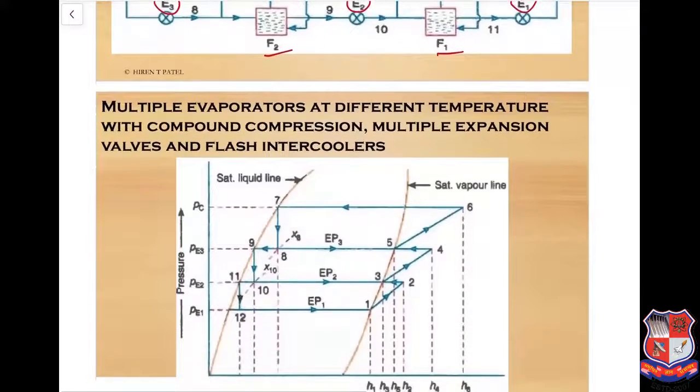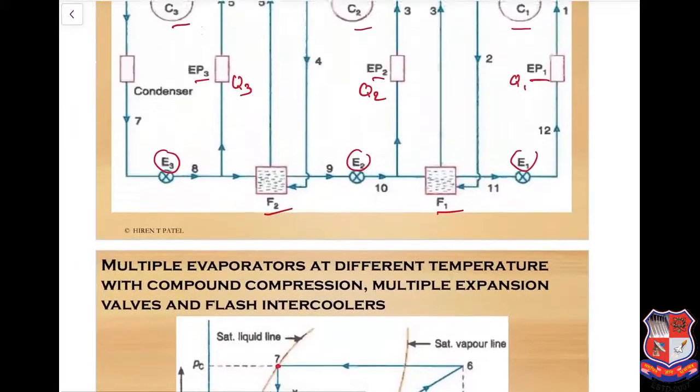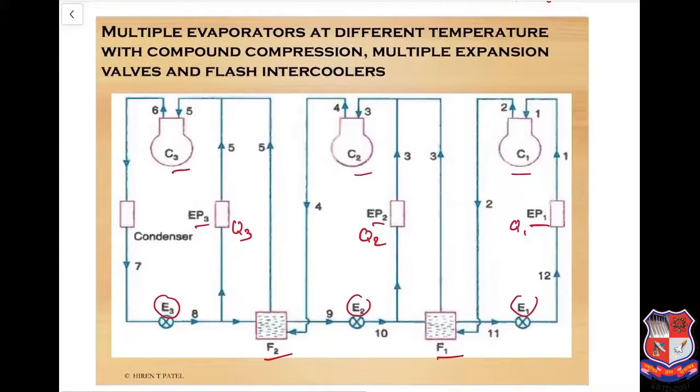If we see the p-h chart here, the refrigerant entering every compressor is saturated vapor, and the refrigerant entering the expansion valve is saturated liquid. So every time the refrigerant is forwarded, it is just in the liquid state.